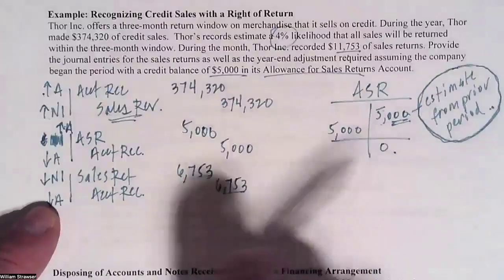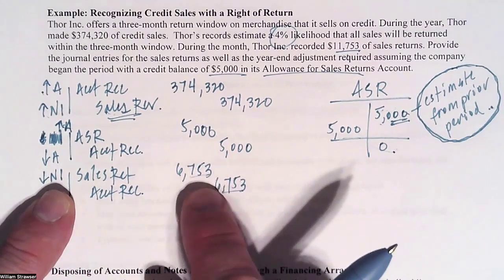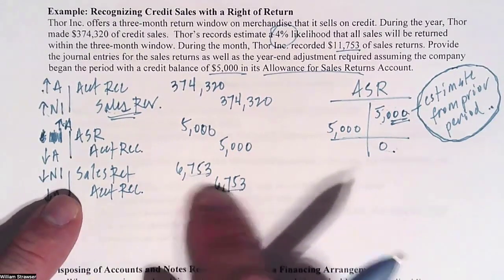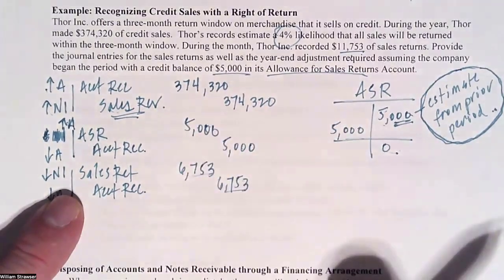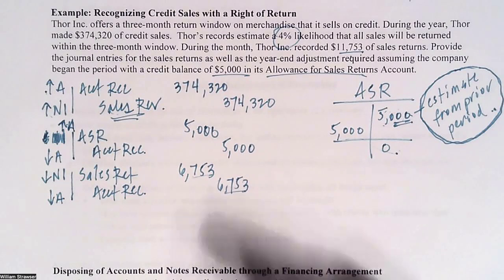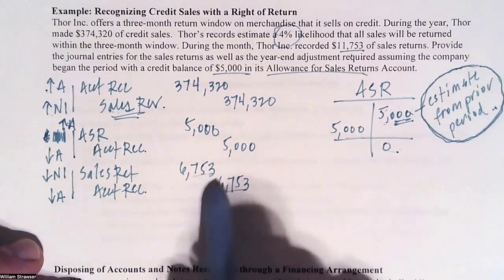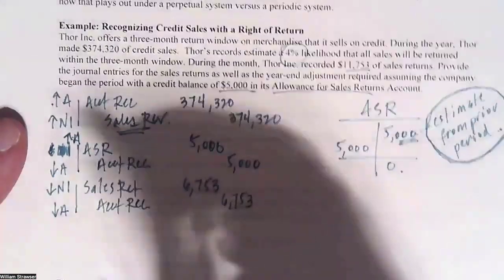Now we start charging against net income. This is our contra revenue account because these returns must have come from, according to our estimate, this period's sales. So we've accounted for $6,753 of sales returns that came from this period's sales.